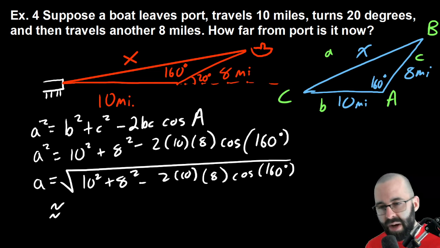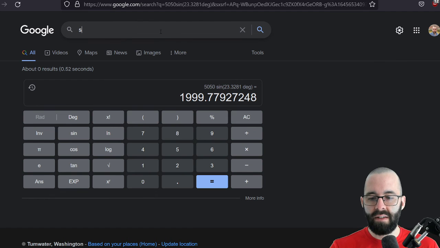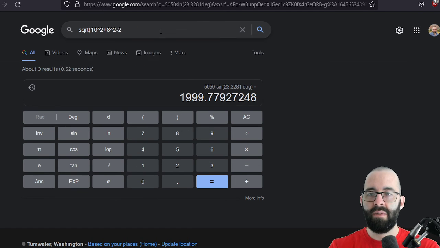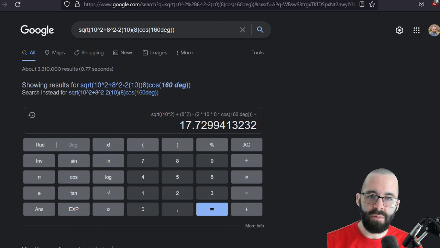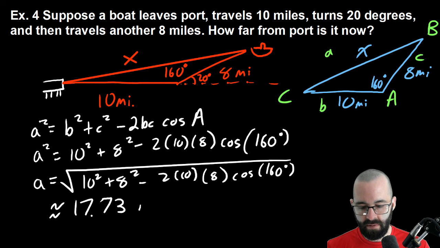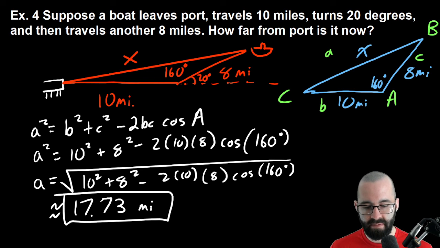And again, we're only using the positive one. You'll get the square root of 10 squared plus 8 squared minus 2 times 10 times 8 times the cosine of 160 degrees, I'm pretty sure. 17.73 about.